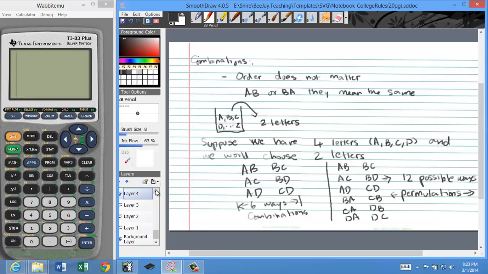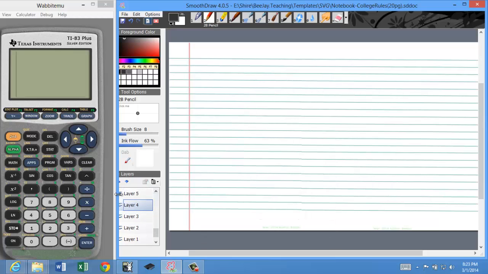So if we want to do permutations, then we know that we make use of nPr, but if we want to do combinations, we just do nCr instead. The formula for nCr is n factorial over r factorial times n minus r factorial.